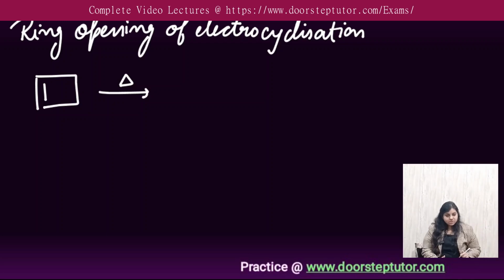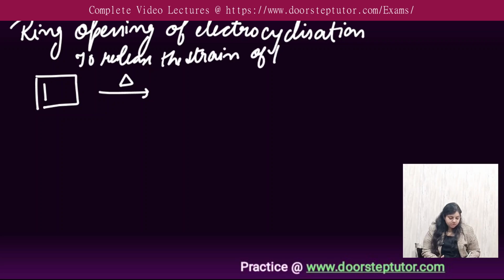So this is the role of ring opening, that is the reverse direction. Now we are going to release the strain of the system. We are going to do such reactions to release the strain of the system. Such reactions are generally observed.